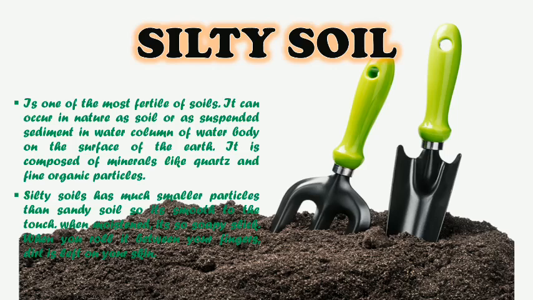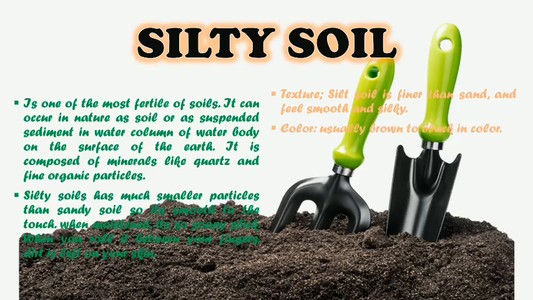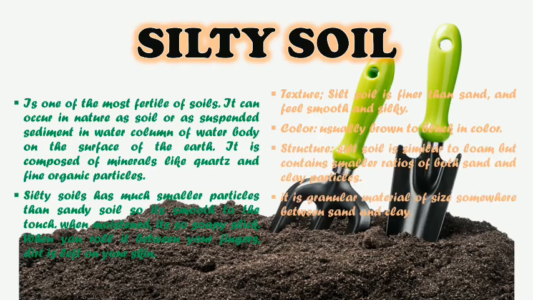When you roll it between your fingers, dirt is left on your skin. The texture of the silty soil is finer than sand and feels smooth and silky. Its color is usually brown to black. Its structure is similar to loam but contains smaller ratios of both sand and clay particles.